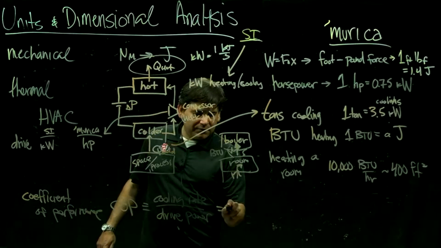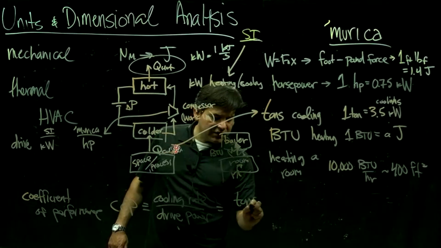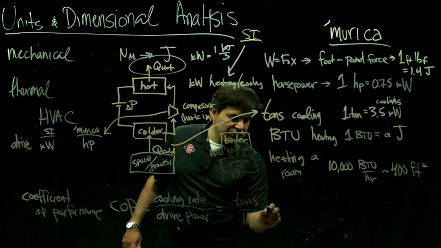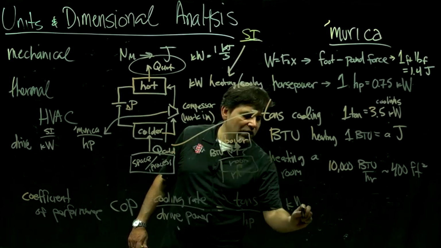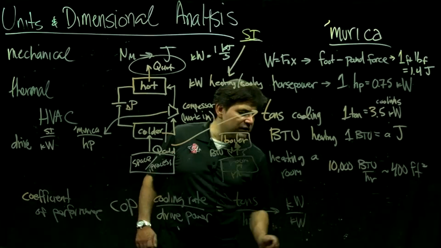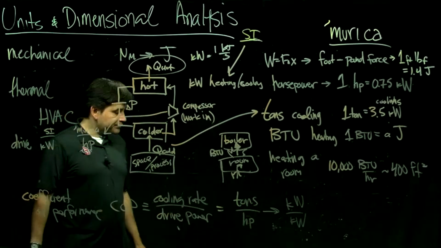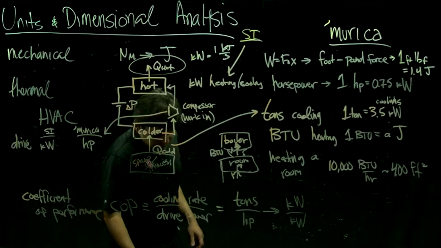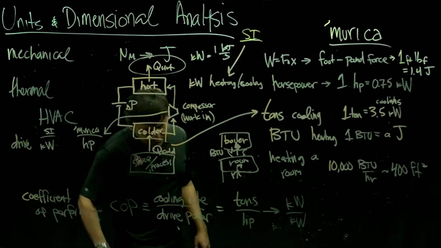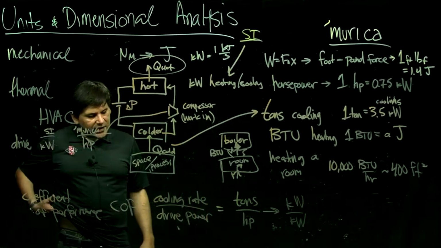And note, this is tons over HP, so you would have to convert the units to kilowatts to make sure you're consistently comparing the two together. Okay. So stuff like that.